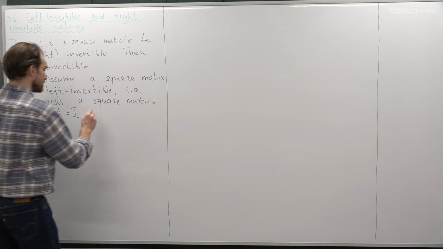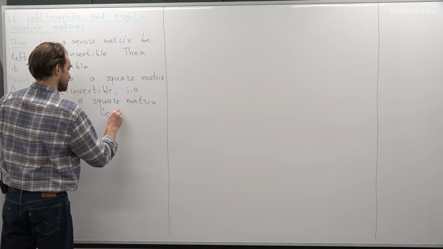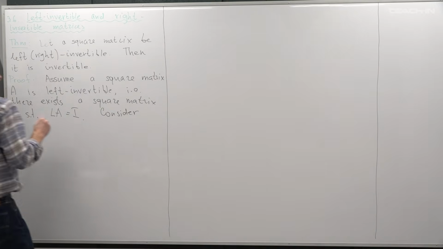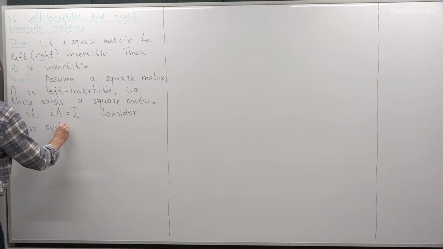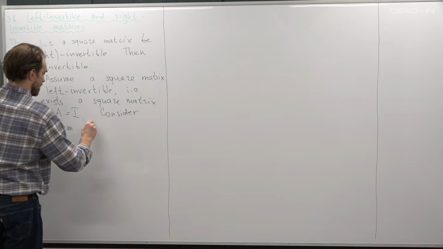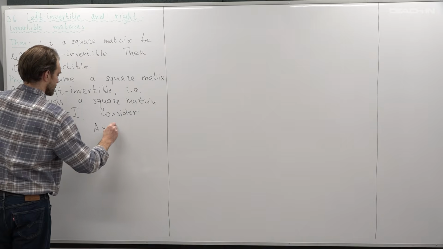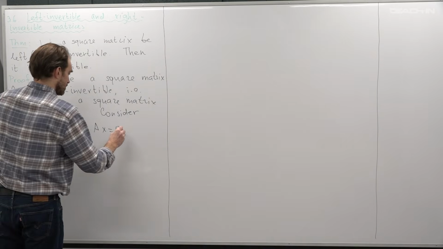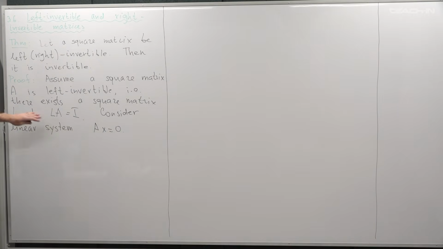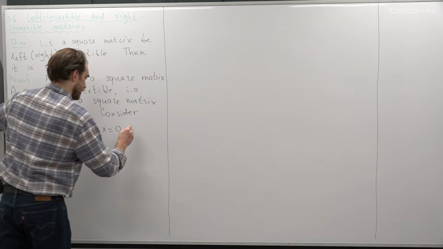Consider a linear system A multiplied by x equals 0. I'm going to multiply this relation by L from the left.